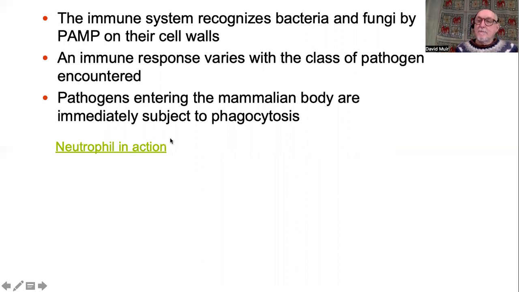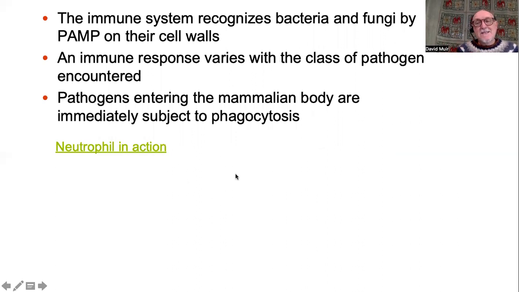The cells of the immune system respond to PAMP by their own set of receptors called the toll-like receptors. They interact with pathogen-associated molecules, and they set off a response in the immune cell.